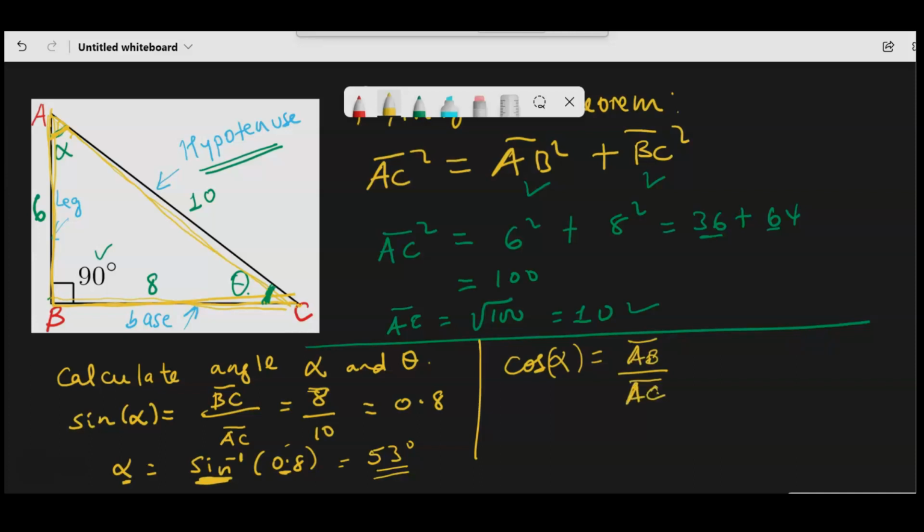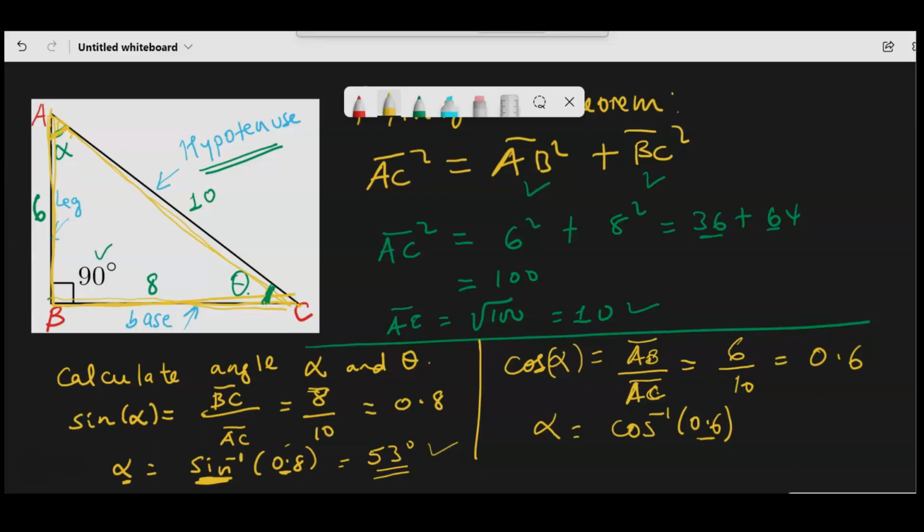AB is 6 units and AC is 10 units. That means 0.6. So angle alpha is cos inverse of 0.6. We can use the same table and find the cosine inverse angle of 0.6. That gives us exactly the same value of 53.